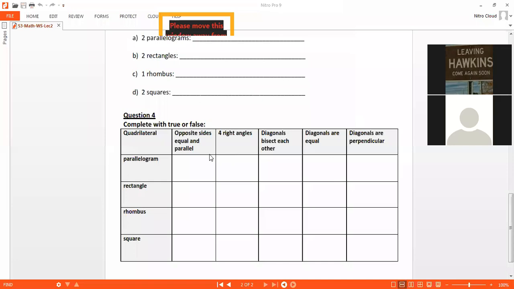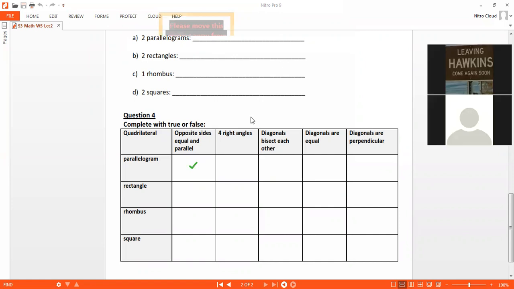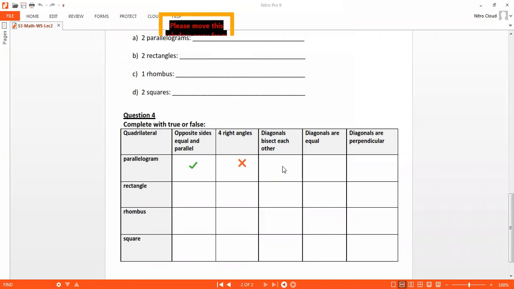Yalla Majid. We're talking about the parallelogram. Does it have opposite sides equal and parallel? Yes. Does it have 4 right angles? No. Does it have diagonals that bisect each other? Yes. Are the diagonals equal? Yes.